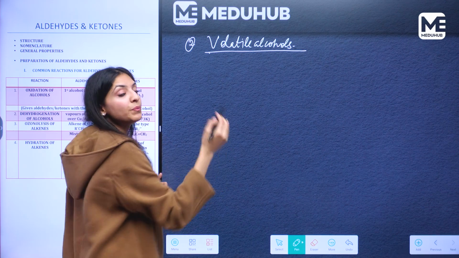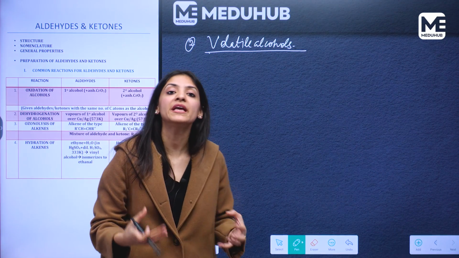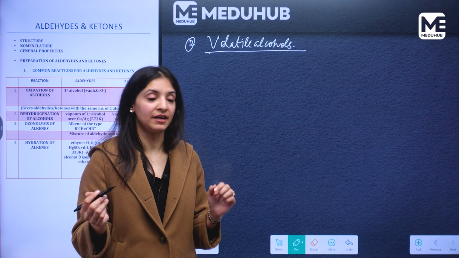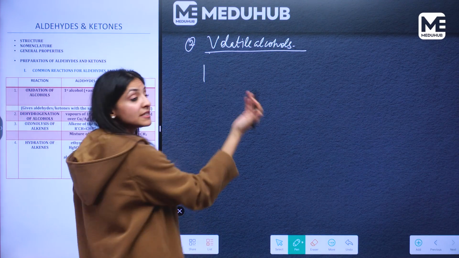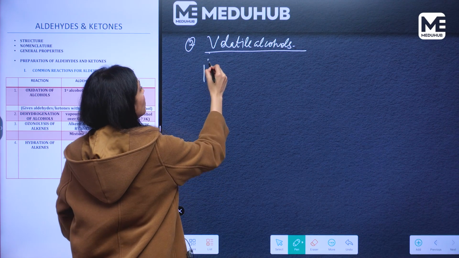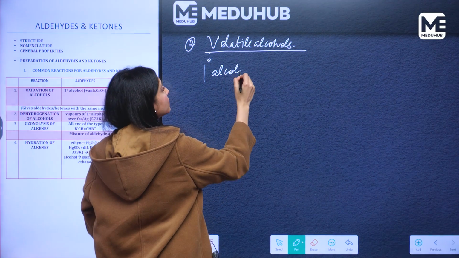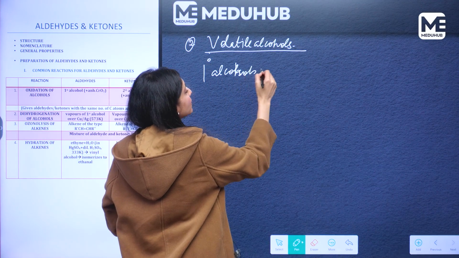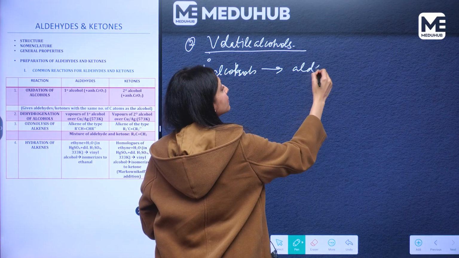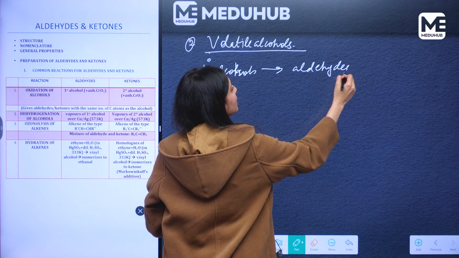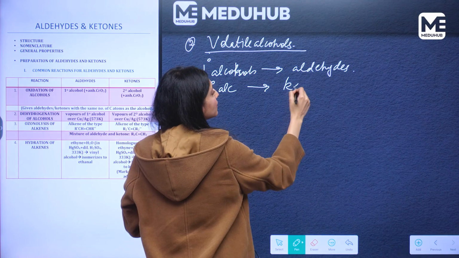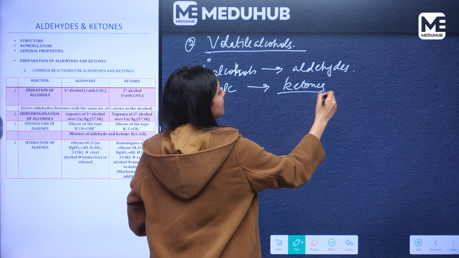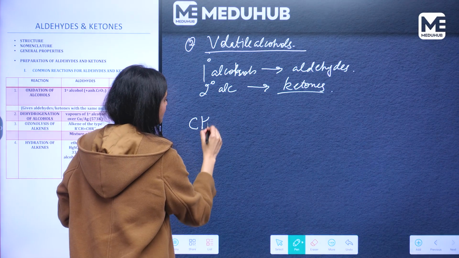In this method, vapors of the alcohol are passed over heavy metal catalysts like copper or silver at 573 Kelvin, and just like the case in the previous reaction, 1-degree alcohols give aldehydes and 2-degree alcohols give ketones. Let us take some reactions to understand it.